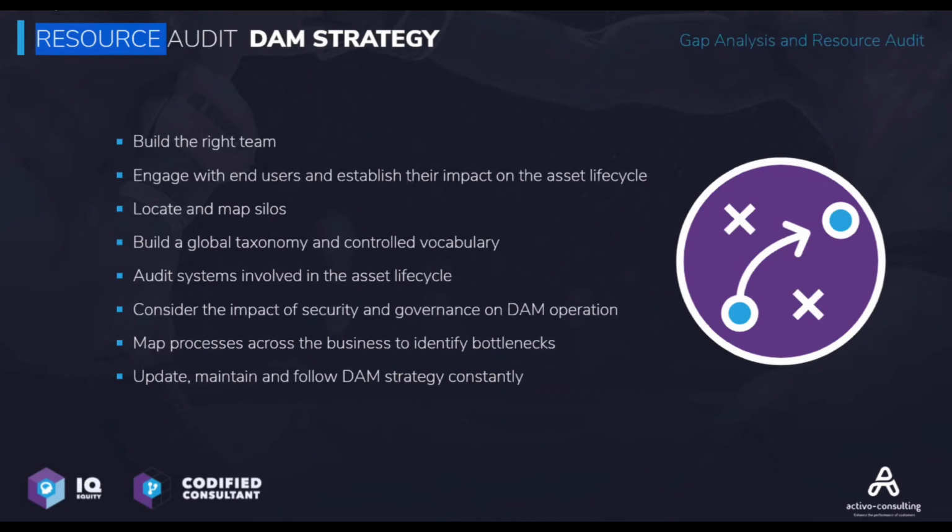Personally, I do not trust AI so much, or maybe it will improve our way of working in the next years, but for now, it's so important to get the people to work on the vocabulary, on the taxonomies, and of course to get a DAM manager.